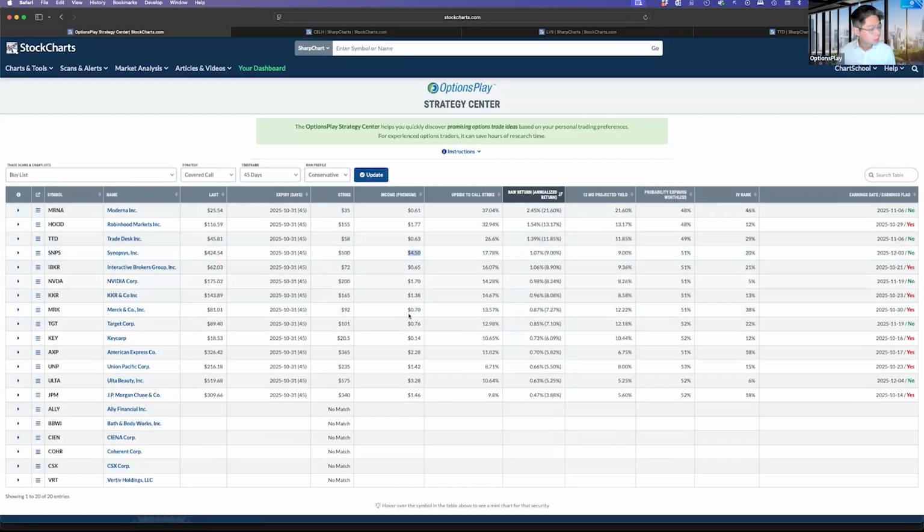These are stocks that if I owned, that's how much I would generate in terms of income per 100 shares. If I owned all these stocks, I easily can generate potentially the first year worth of my subscription value from just selling my first few covered calls alone. So like I said, you can get a ton of value from this for $40 a month.